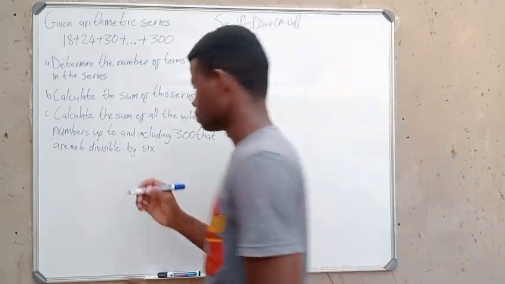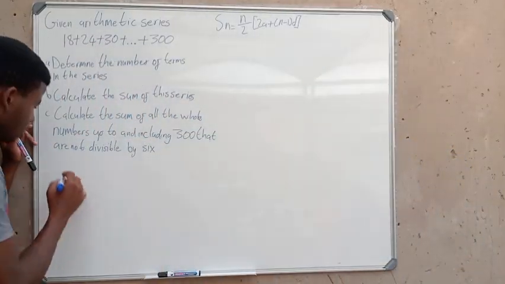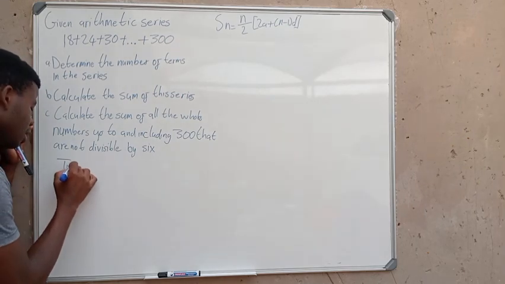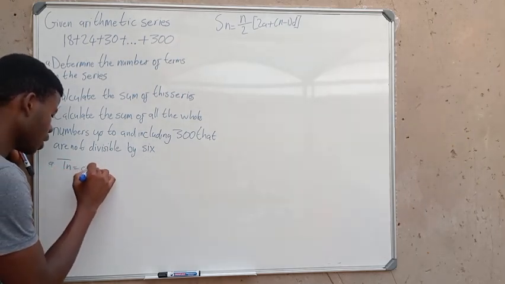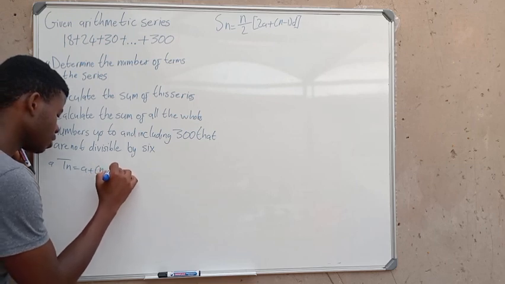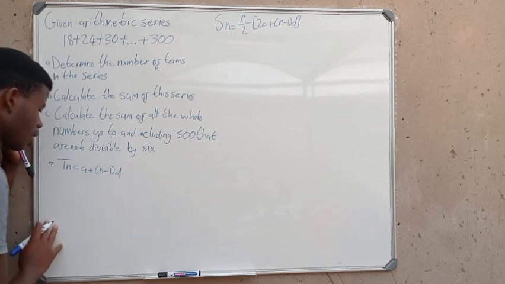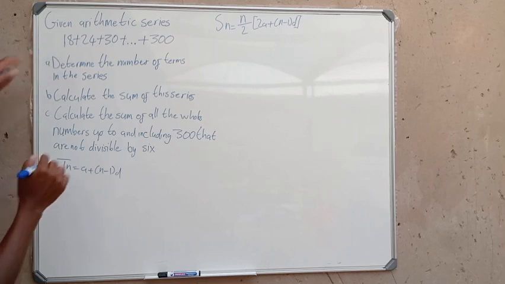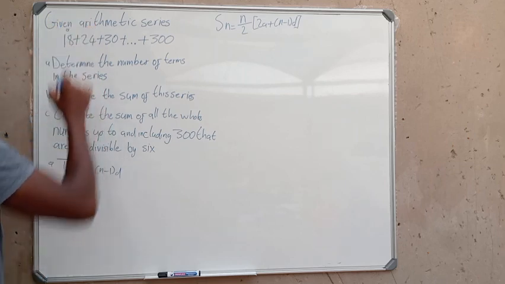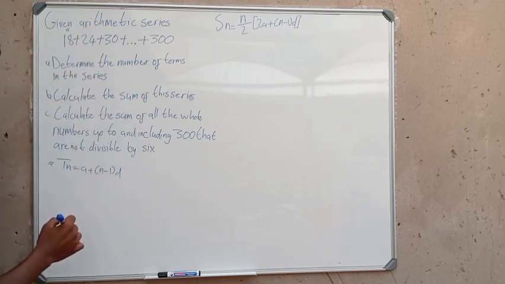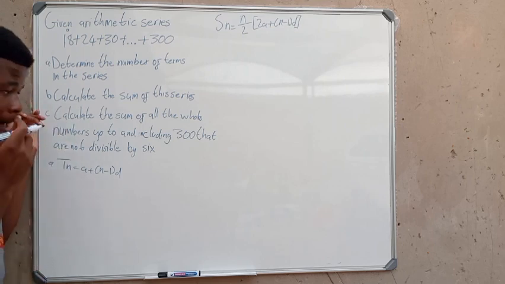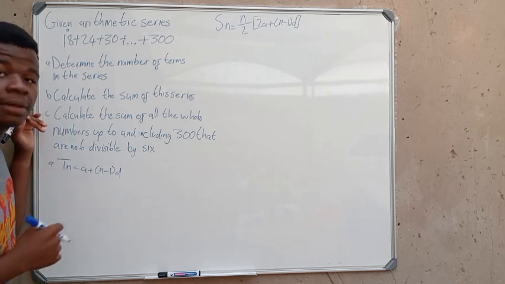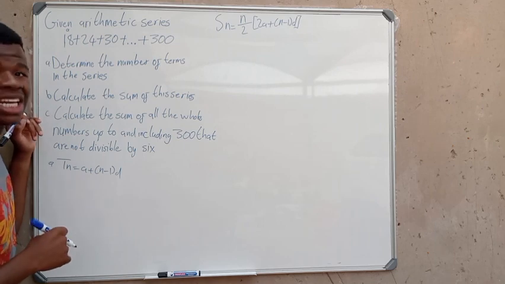Okay, so now look here. Tn is equal to a plus (n minus 1) d. So what is our a here? This is our a. How are we going to find the common difference?